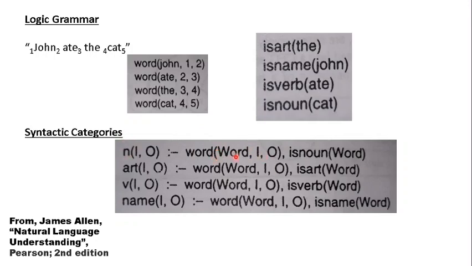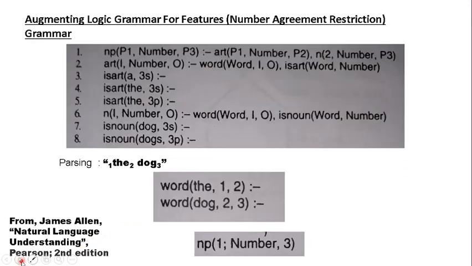They never had a feature. When we include features as part of our logic grammar, along with the positional notations or the lexical unit, we also include the feature restriction or feature variables.